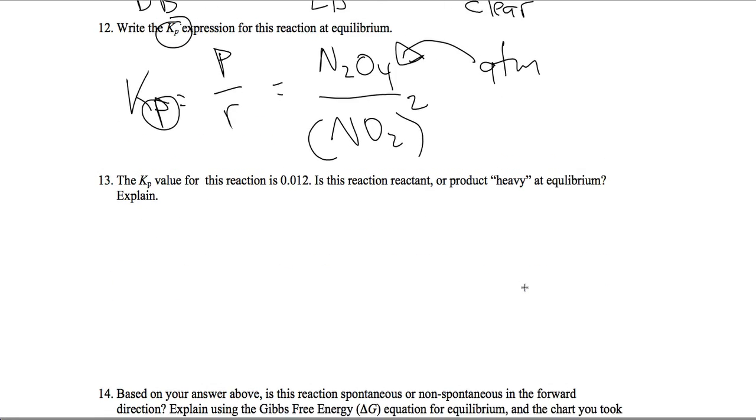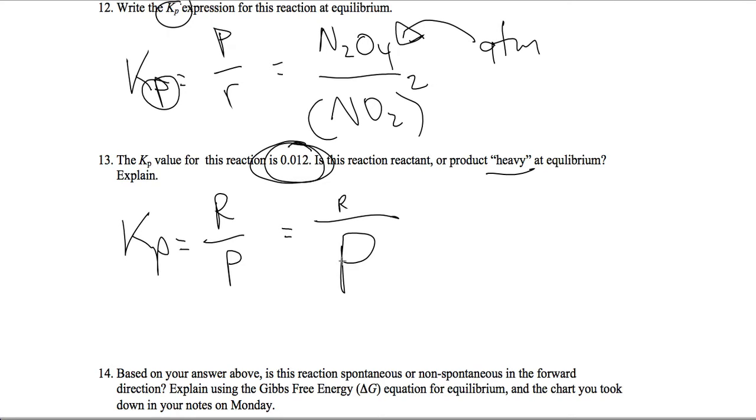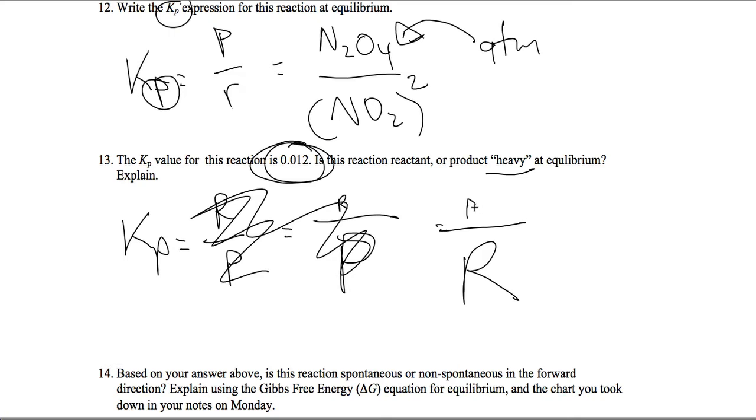Okay, moving down here to 13, it tells us that the Kp value is less than 1. Okay, so if Kp equals reactants over products, and that value is less than 1, we can think about it metaphorically as kind of like that. Ooh, I'm sorry. Kp equals products over reactants.